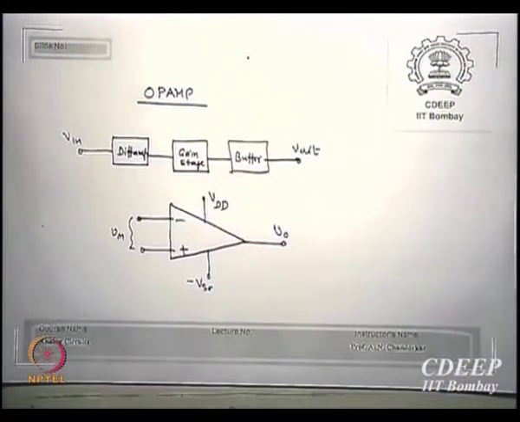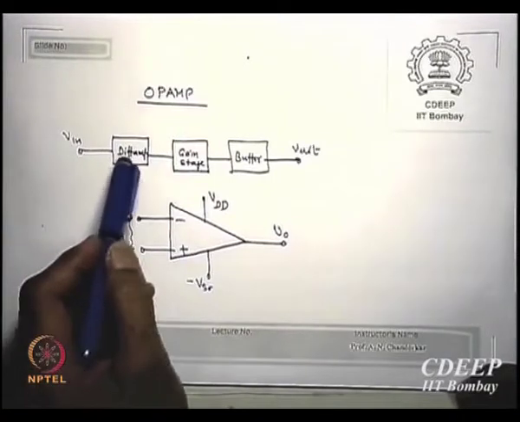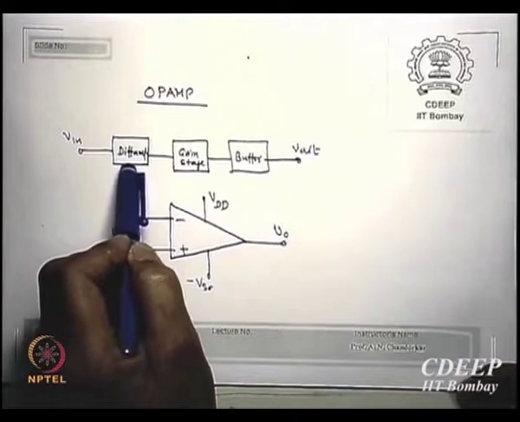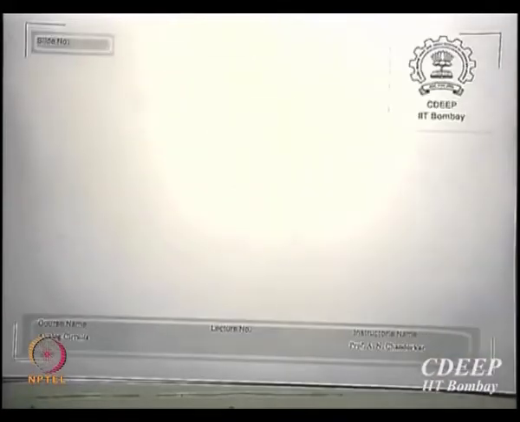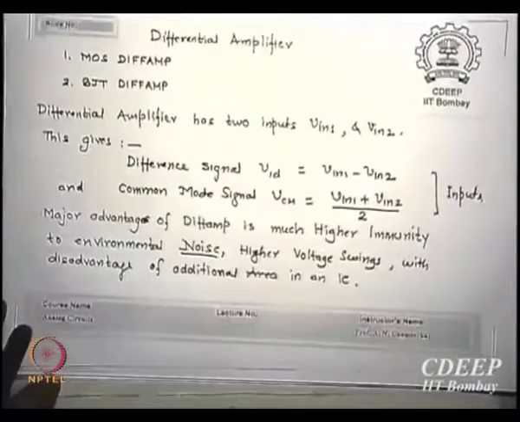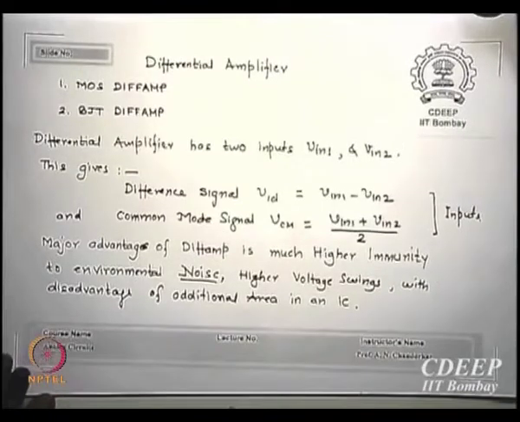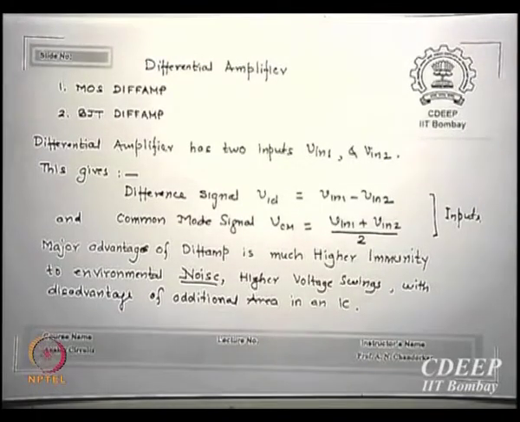So let's look at which stage I should start with before I go for op amp. The first stage in the op amp is diff amp. So let's see diff amp. The word diff amp essentially is called differential amplifier. There is also a word difference amplifier which is not the same as differential amplifier.